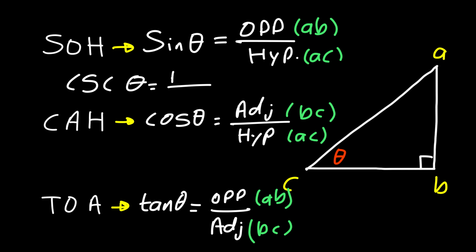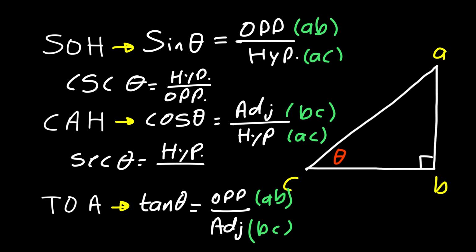For cosine theta, adjacent divided by hypotenuse, the reciprocal is secant theta, which is hypotenuse divided by adjacent. And the last one, cotangent theta, is adjacent divided by opposite.